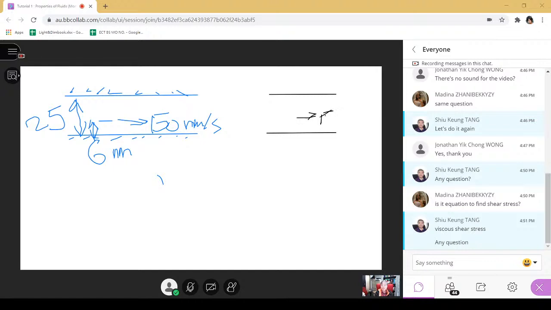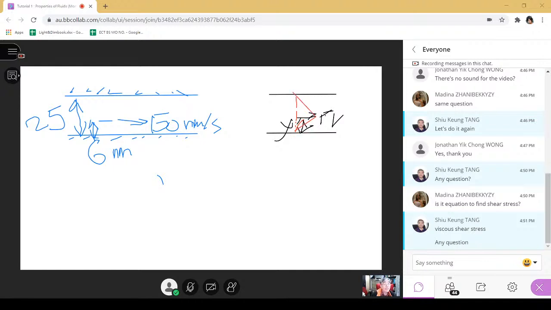Suppose we use the symbol V, and this is Y. Okay, this is our velocity profile. The red line is our velocity profile.